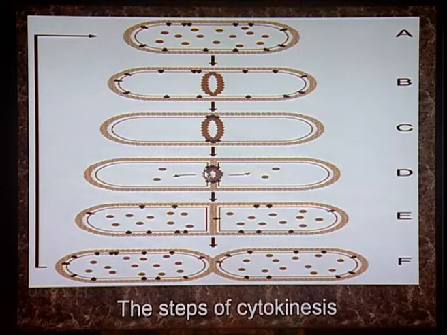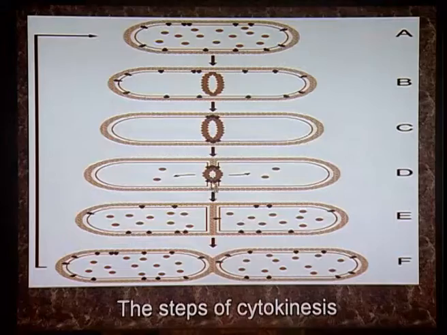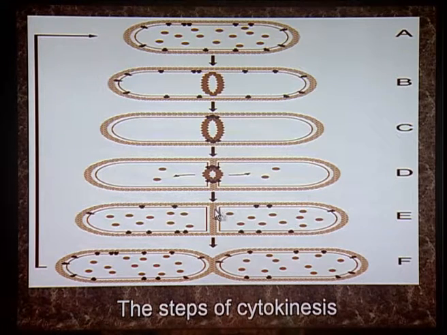Now, after the formation of the divisome, they will also help in the septum formation. That is actually the invagination of the cell membrane and the cell wall material. This invagination will continue to give a complete septum, and during the process, these proteins will be disassembled and will be moving into their respective locations within the cell.